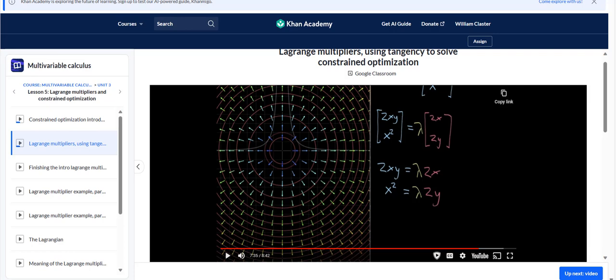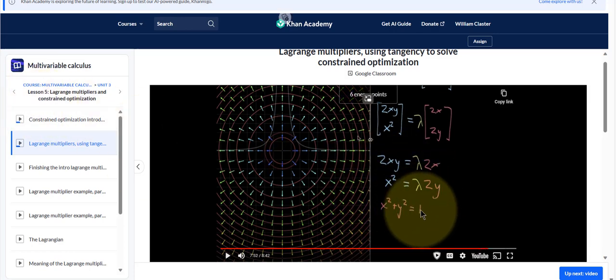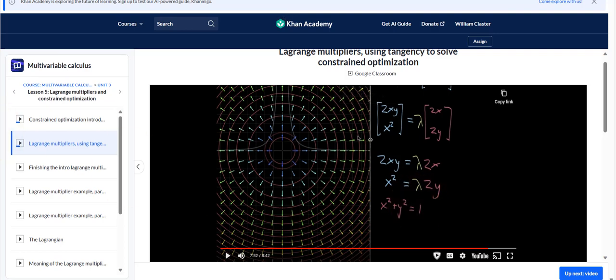But don't forget that we have one more equation, which is that. This is also part of the system. So now we have three equations and three unknowns. Probably we can solve this and find x and y, which is what we wanted to do. We wanted to find where on the circle it's going to be a maximum, where the height of the surface is going to be a maximum.